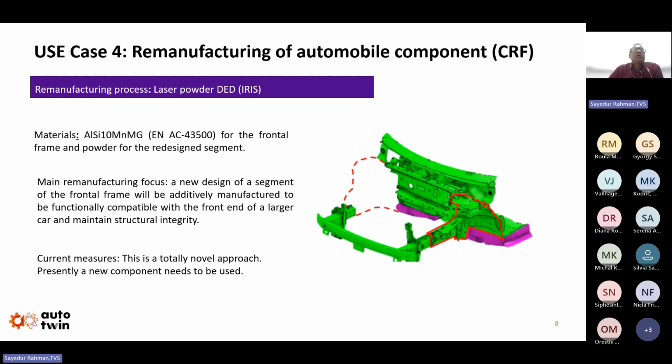So each of the use cases applies the core RESTORE components differently, providing circularity and data-driven remanufacturing that is both practical and scalable. To summarize, RESTORE provides a full-stack solution for sustainable remanufacturing.